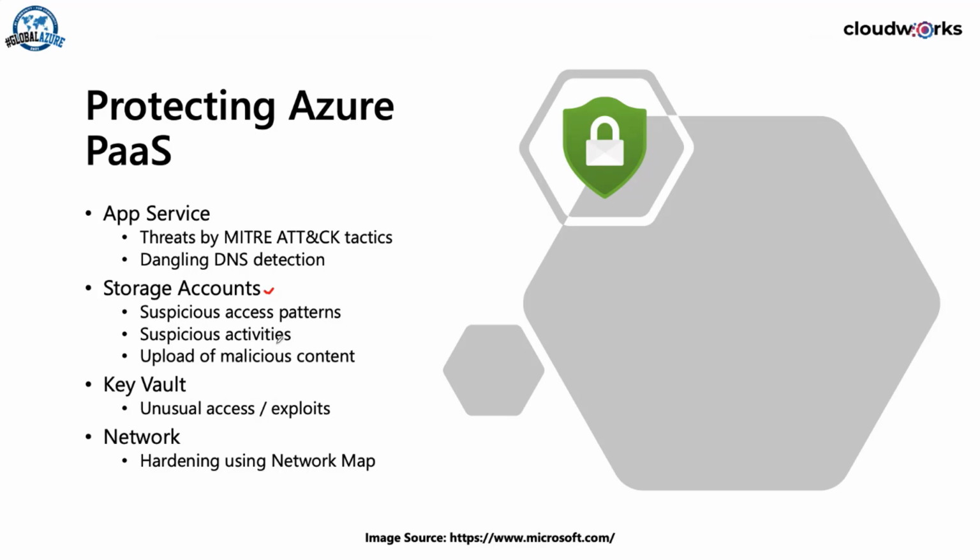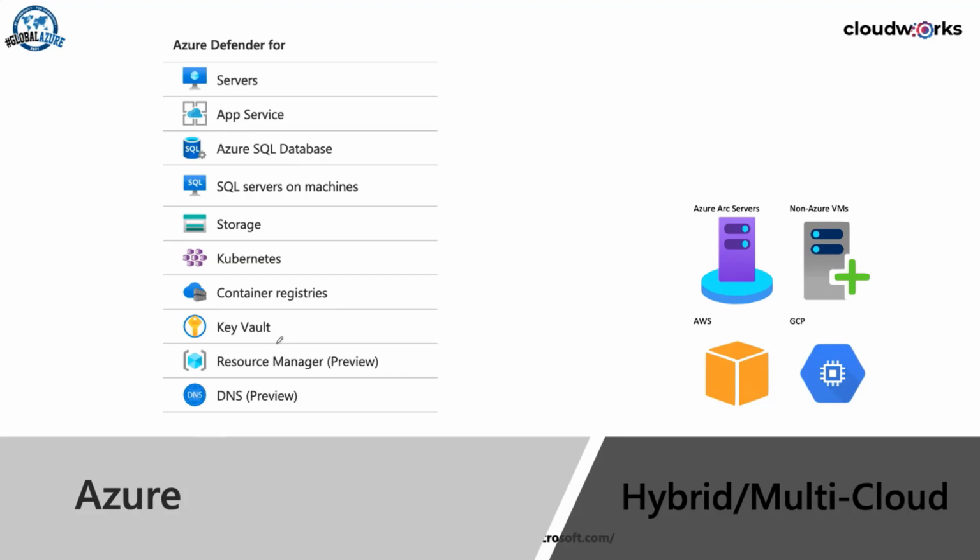Again, remember that all of this is part of Azure Defender, so you need Azure Defender enabled for these services. So a final summary of what you can do with Azure Defender, categorized into Azure and non-Azure, or hybrid multi-cloud, whatever you want to call it.